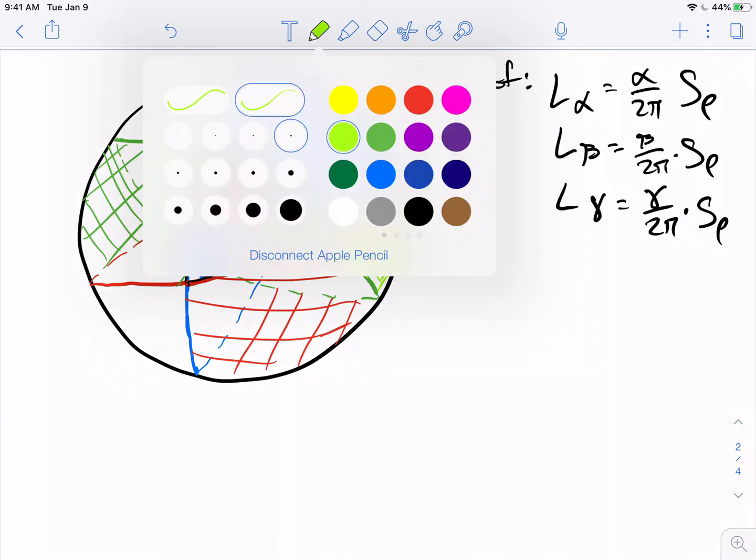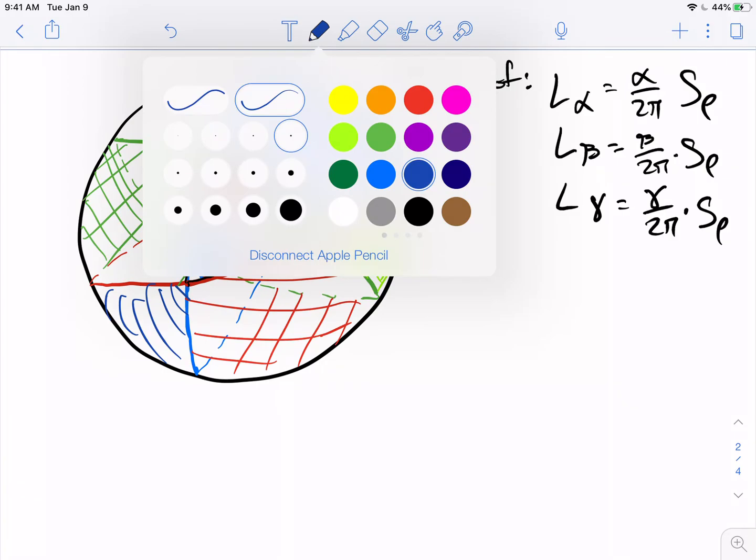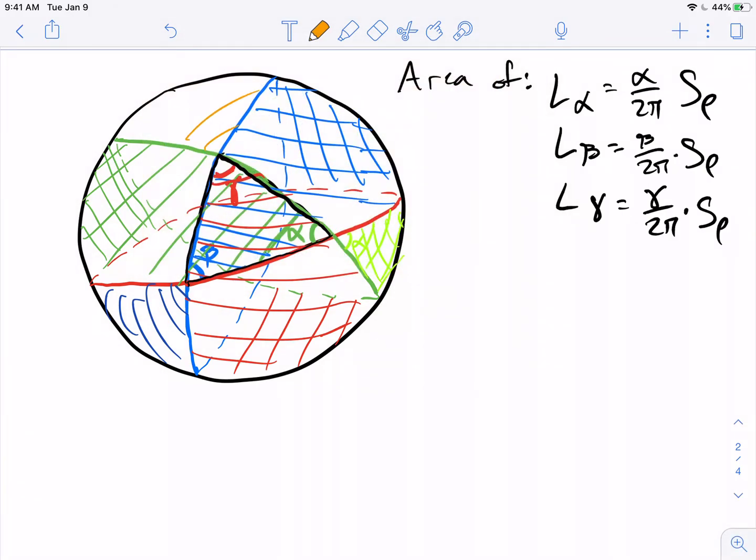And here's another beta lune right here. And another gamma lune right there. And now the entire sphere is covered. Okay.